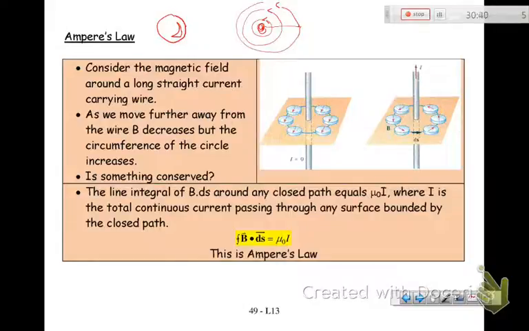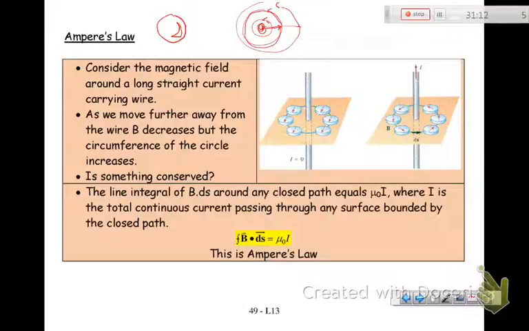In this case, I'm not dealing with areas, I'm dealing with circumferences. And so the question is, as my radius increases, my B gets less, but the circumference that the B sits on gets more. So is there a consistency? If you believe physics is simple, it applies itself in many manifestations.